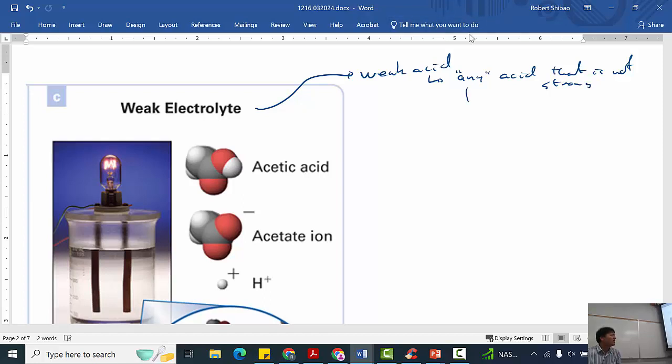The problem is that there are more than 7 common strong acids, and that makes it more difficult, but you're not going to encounter those.